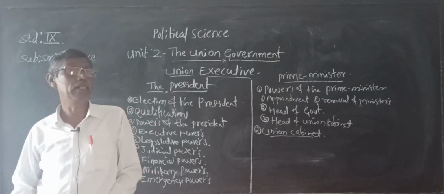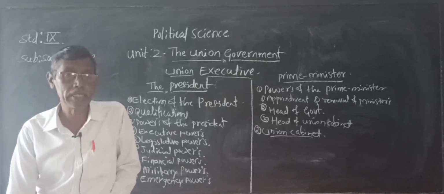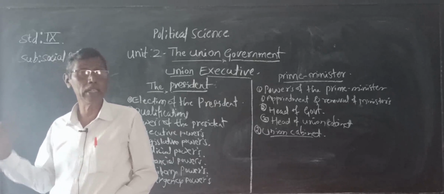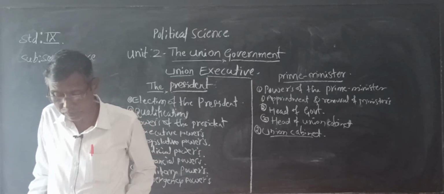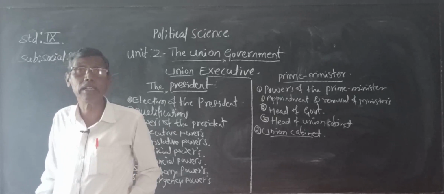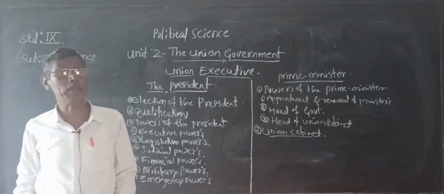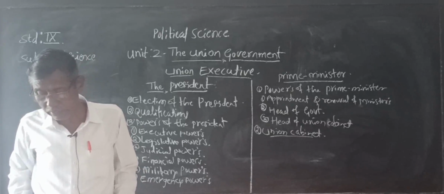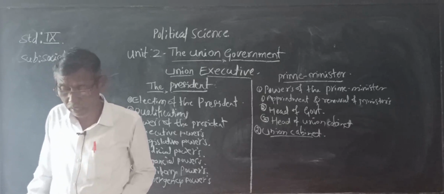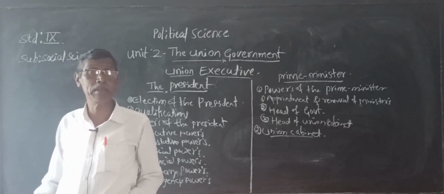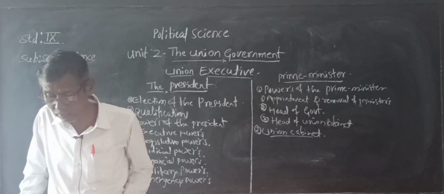At that time, when a criminal approaches the President of India, he can reduce the term of imprisonment. So he has the power of pardon. He will excuse the criminals. He reduces the term of imprisonment and can cancel the capital punishment. Capital punishment means death sentence. He can also cancel the death sentence.